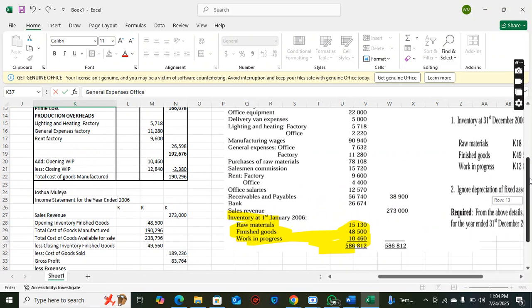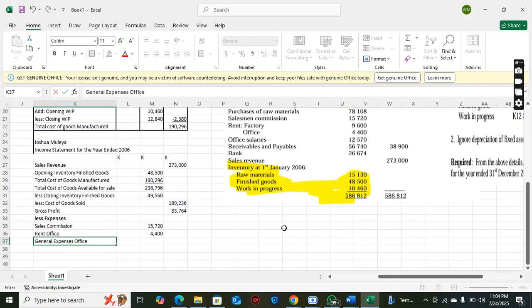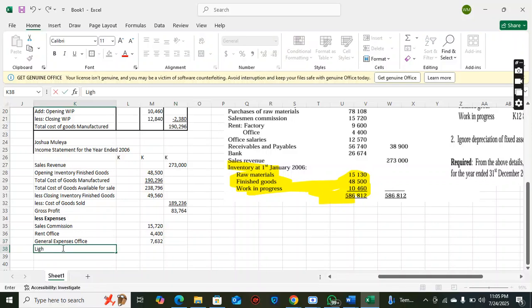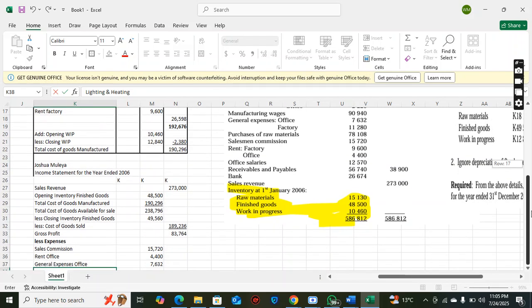What other expenses? I'm feeling lazy to be looking up and down. Oh, lighting and heating. How much is it? Let me check. Okay, 2,220.